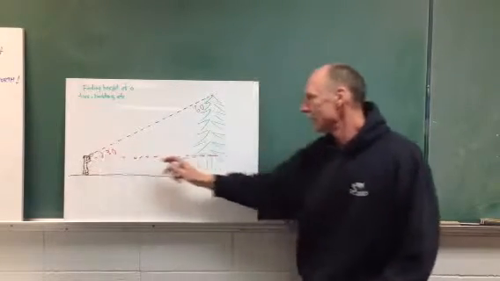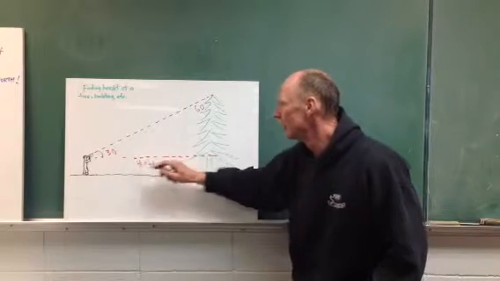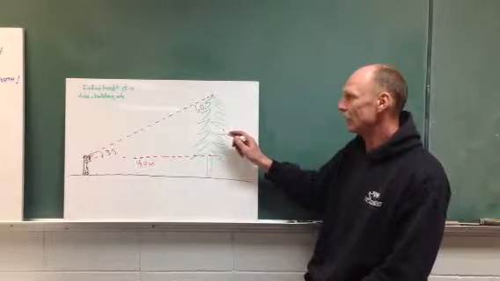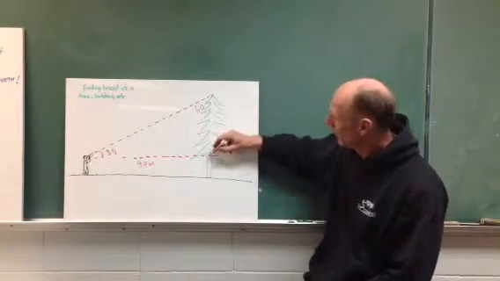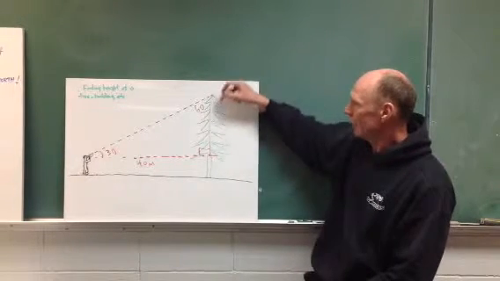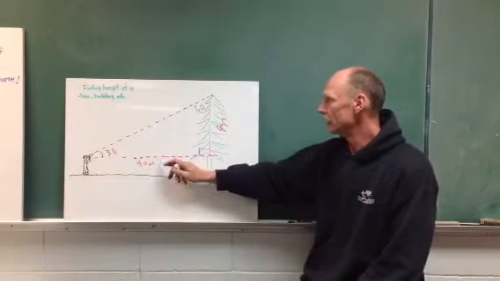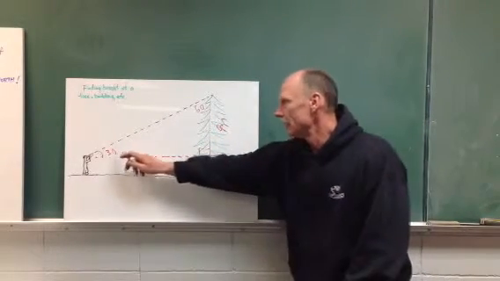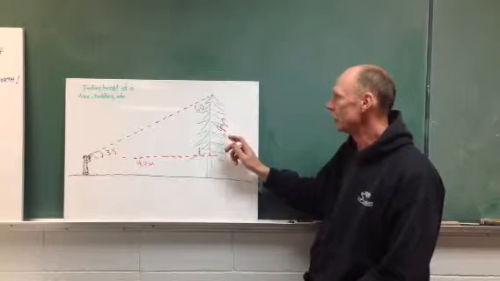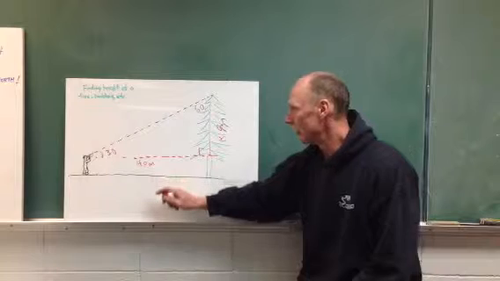If we know this baseline measurement is, say, 40 meters, we can now calculate the height of the tree, because this would be a right angle. This would be the side opposite the angle of 30 degrees. This would be the adjacent. So the tangent of 30 degrees equals opposite, we could call it x, over the adjacent, which we could call 40 meters.